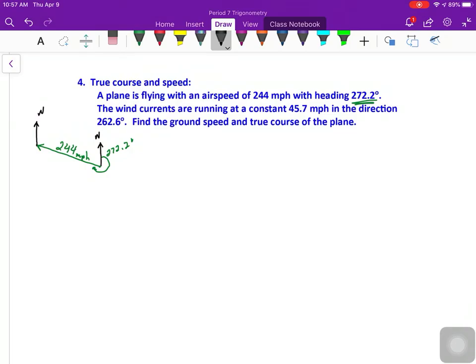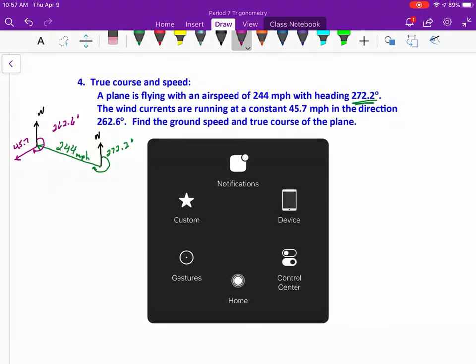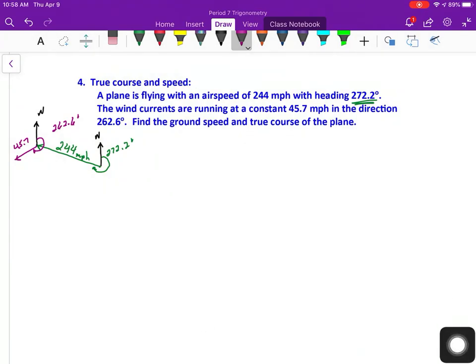Okay, now the wind. Now the wind is going to be acting on the end of this, so I'm going to draw a new north line right here. And the wind is in the direction 262.6. So the wind is going to be not quite straight to the left, a little bit down. This angle right here is 262.6 degrees, and the magnitude of that is 45.7.